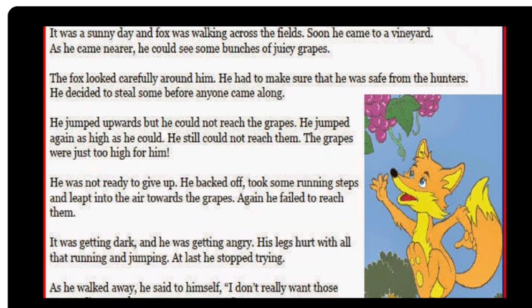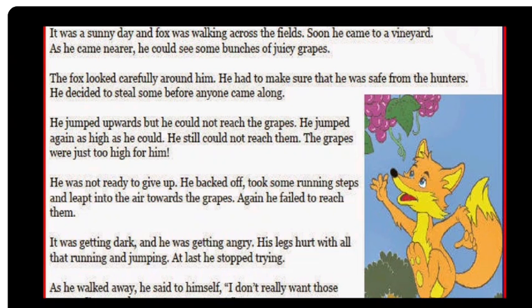Now the next line, he jumped again as high as he could. He could not resist his temptation to have the taste of the ripe grapes, so he jumped as high as he could to reach the grapes.